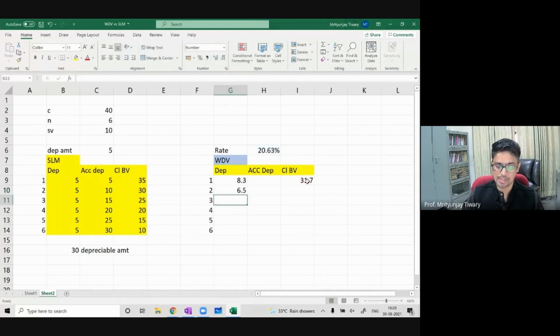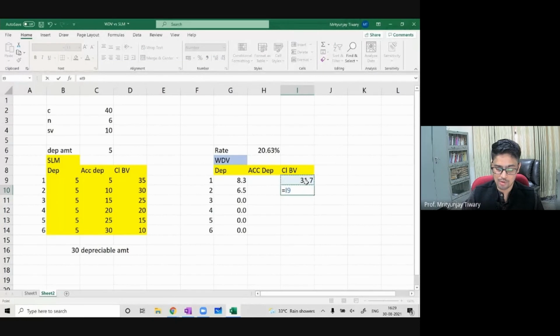So on 31.7, I will provide 20 point something percent once again. Now I can drag this down. This one will be my depreciation, and my closing book value will be my opening book value minus this year's depreciation. Whatever remained last year, less whatever I have depreciated this year, will be my closing book value this year. So let us drag this one as well.